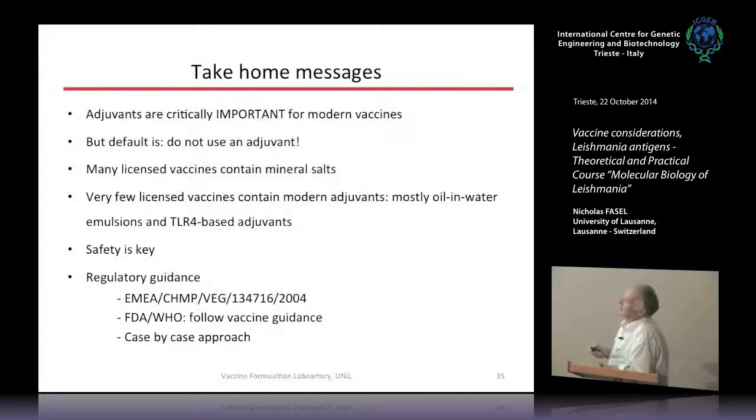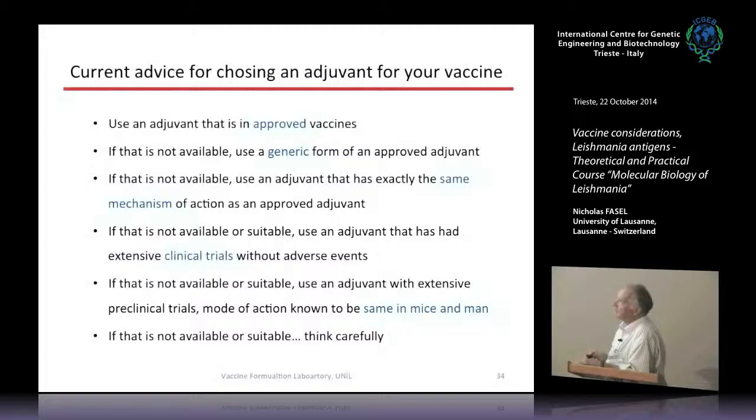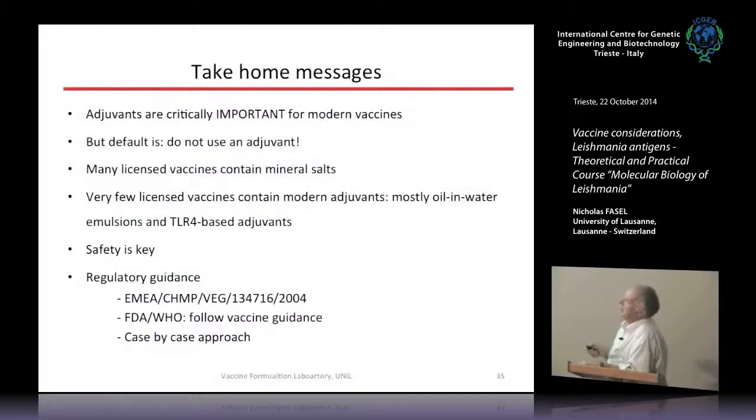So clearly, adjuvants are clearly important for modern vaccine. By default, do not use an adjuvant. If you are here, try to avoid it. It's going to be a problem. Many licensed vaccines contain mineral salt. Very few licensed vaccines contain modern adjuvants.